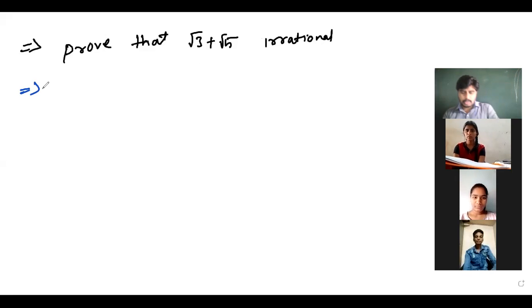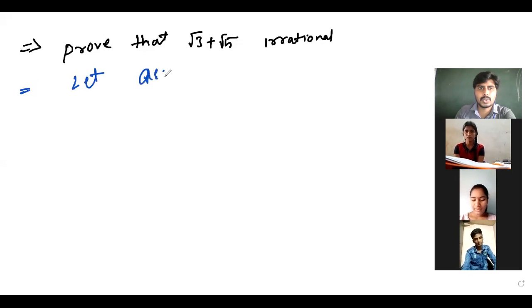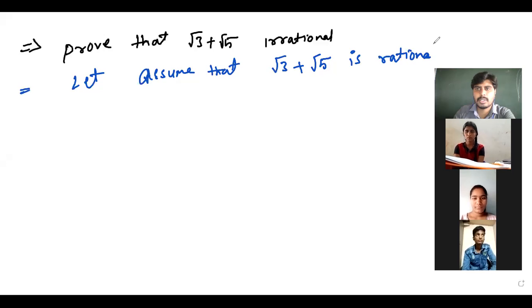It means assuming the reverse. We just assume first, let us assume that root 3 plus root 5 is rational.